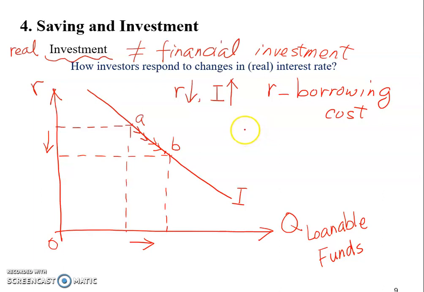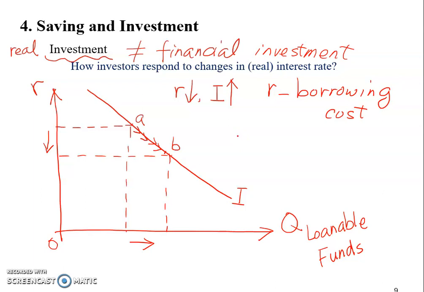Someone may raise a question here by saying, what if these firms, especially the big firms out there, hold enough cash in their pockets, for example, Apple? They probably hold billions of dollars in cash, so they don't have to borrow from a financial institution.